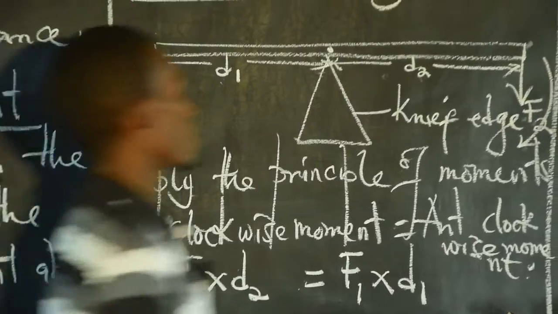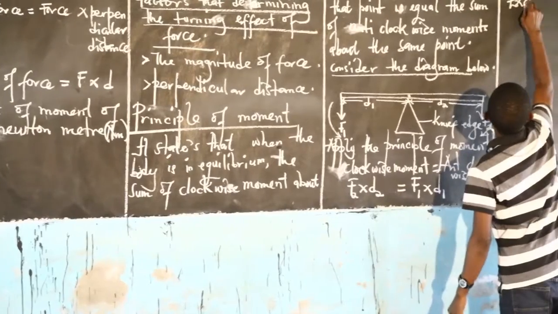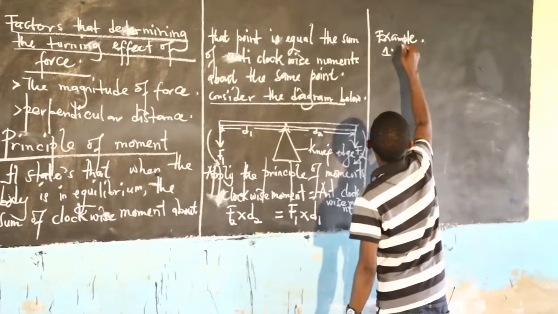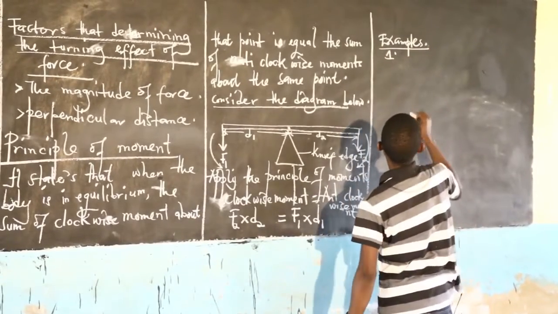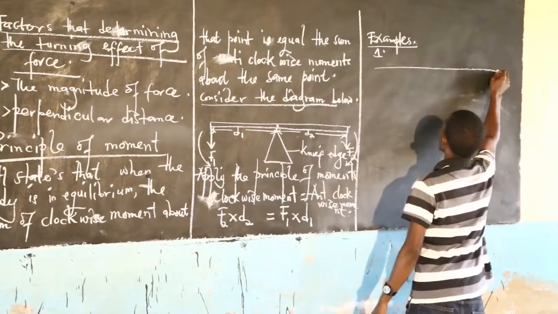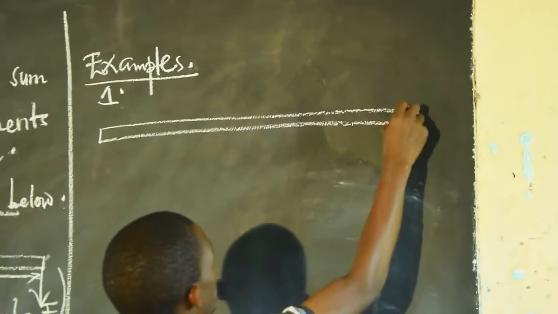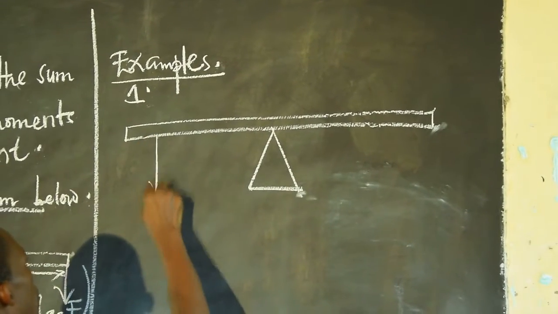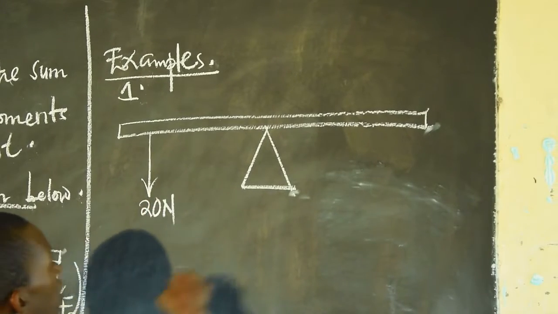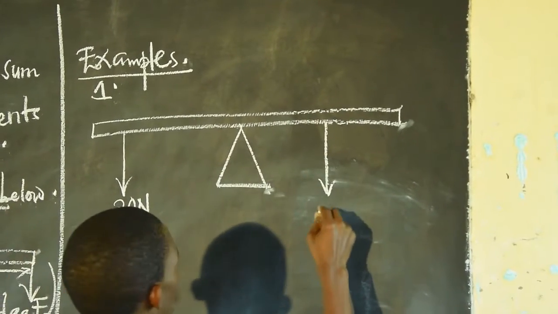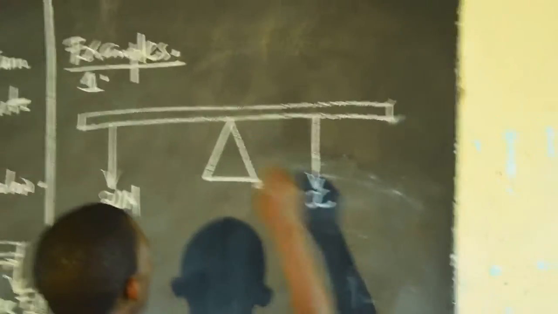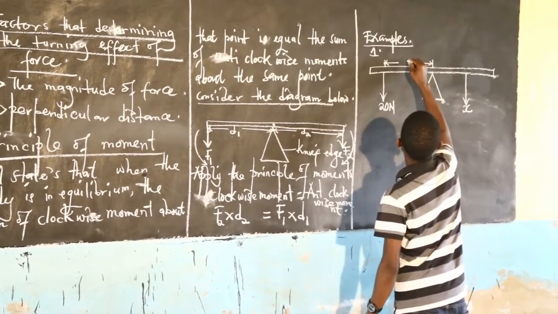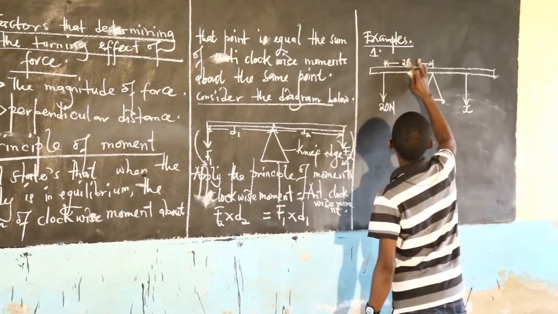Shall we get to one example and we see? Example 1. We have the diagram here. We have a force here, 20 newtons, and we have X. The distance from here up to there is 2 meters.